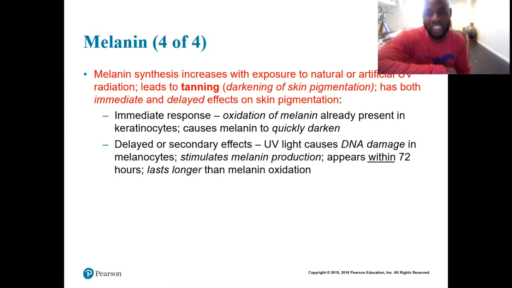UV light causes DNA damage, which stimulates melanin production, which can appear within 72 hours and last longer than melanin oxidation, right? So the production of more melanin, right? So you can oxidize the melanin you already have, or you can produce more melanin due to UV light.